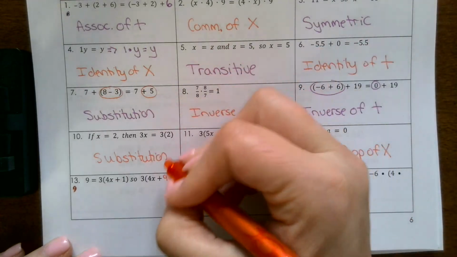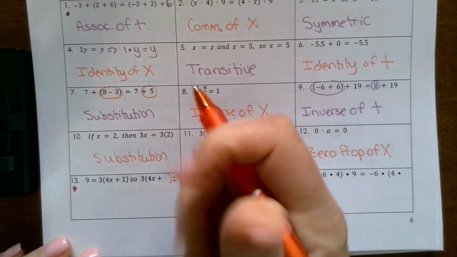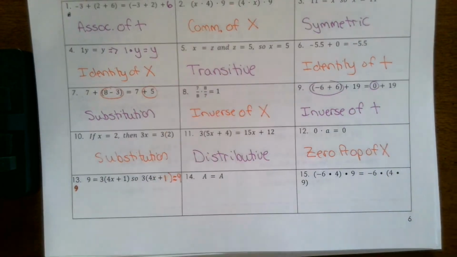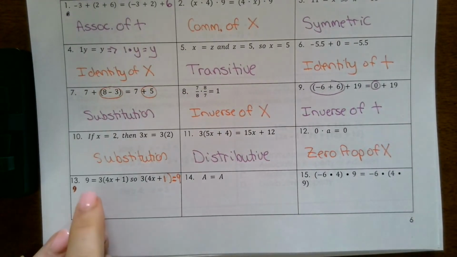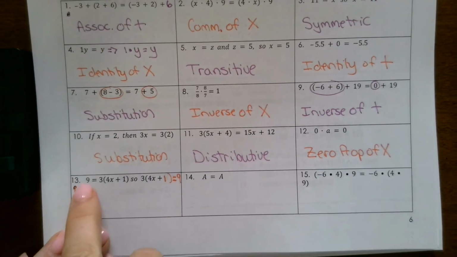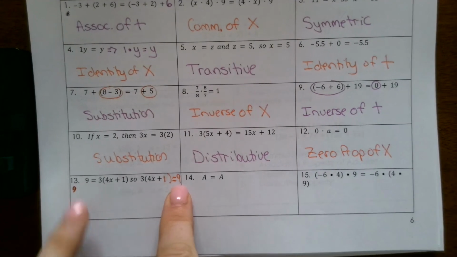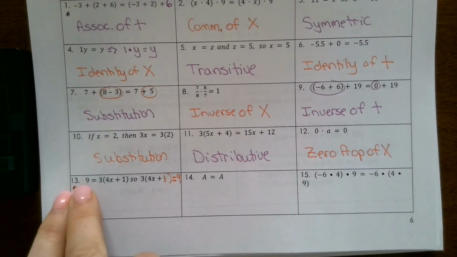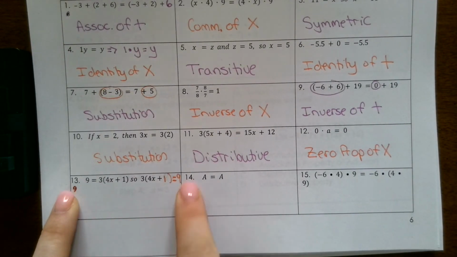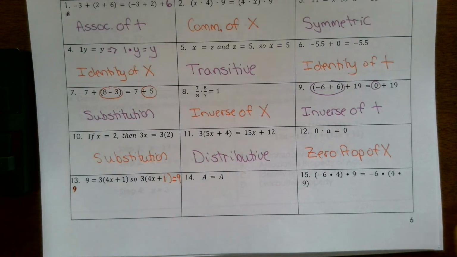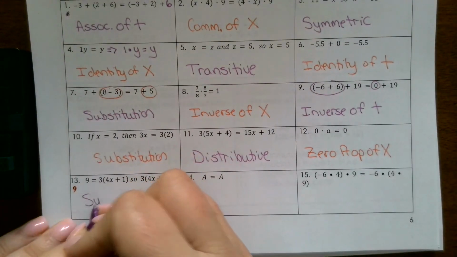And this should have been plus 1. Sorry, I got it wrong. So things were messed up here. So if you want to rewrite this, it says this, so I just rewrote that. And you can see that 9 was on this side, and now it's on the other side. This is a symmetric property.